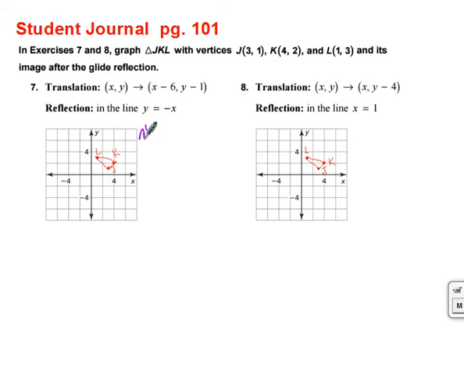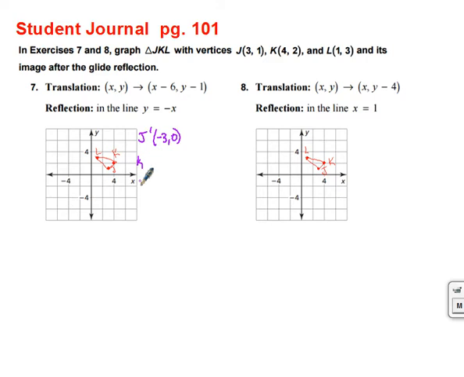Alright, I'm going to look after the translation. So after the translation, I'm going to do x minus 6 and y minus 1. So if I plug in to J, and I plug in 3, 3 minus 6 is negative 3. And if I plug in 1, 1 minus 1 is 0.